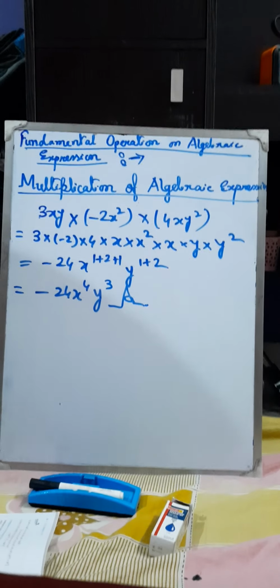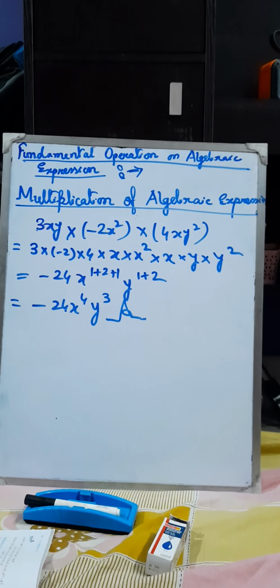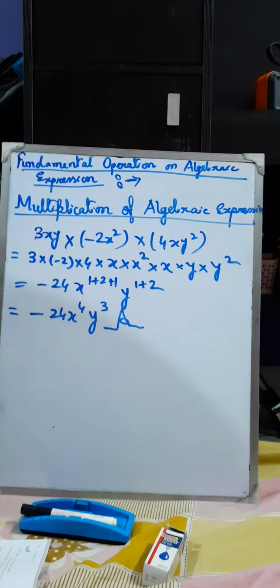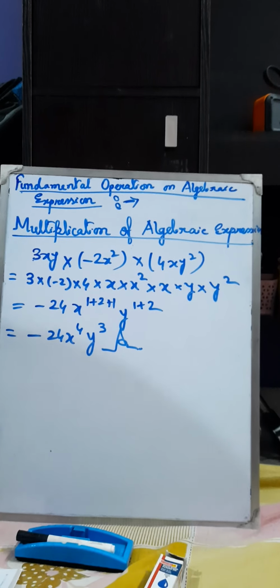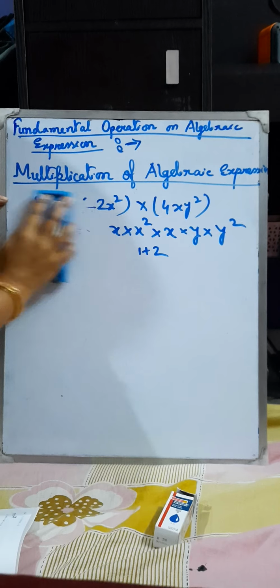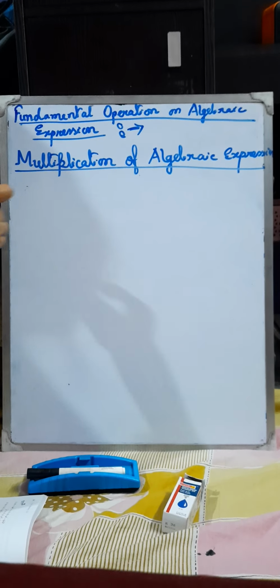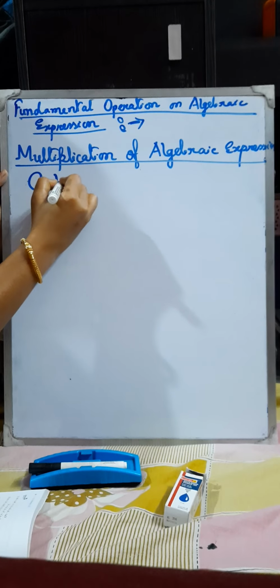Now there are two methods to multiply a polynomial by a monomial. The first is the column method, and another one is the horizontal method.